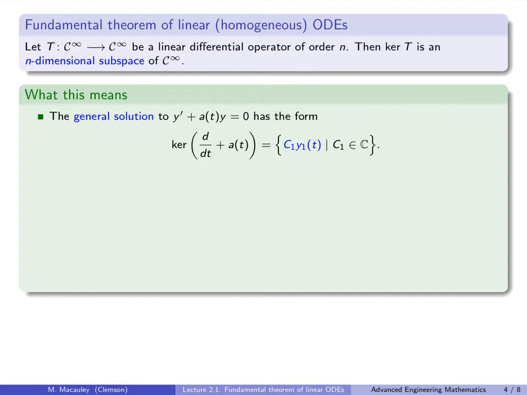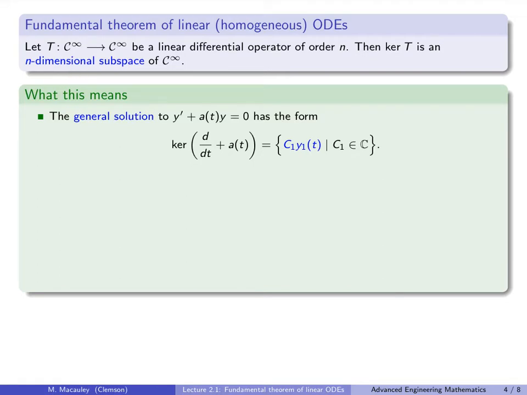So in the first order case, the general solution to an arbitrary first order linear homogeneous ODE like this, well, it's the kernel of the corresponding linear differential operator, d/dt plus a of t. And by this fundamental theorem, that kernel is a one-dimensional subspace.